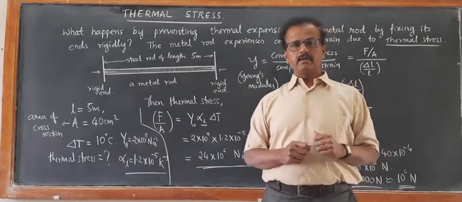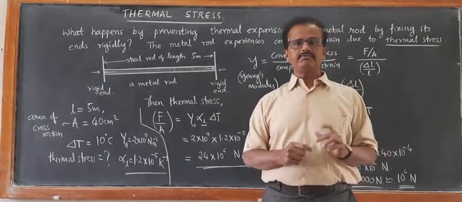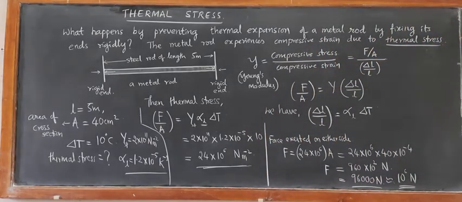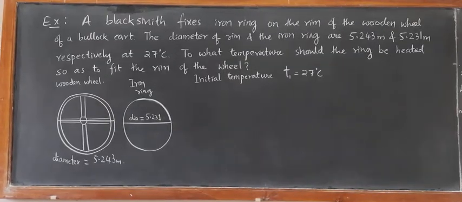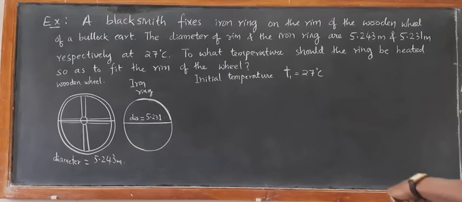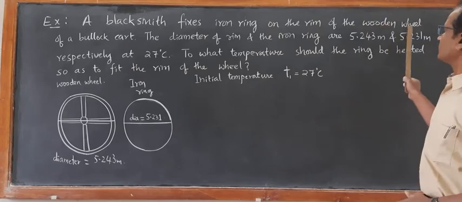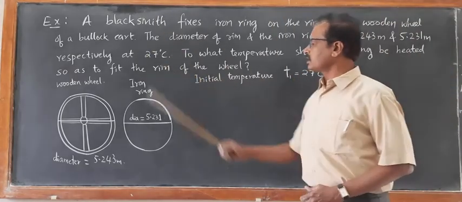Now we'll solve one example of thermal expansion. Let us quickly solve a very interesting problem. A blacksmith fixes an iron ring on the rim of the wooden wheel of a bullock cart.